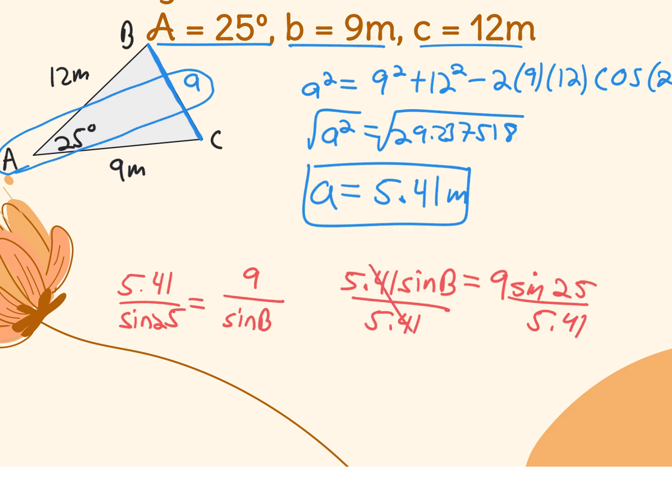That cancels out. Right, we get sine of B equals this big fraction. And then to get just B, we're going to do sine inverse on both sides.